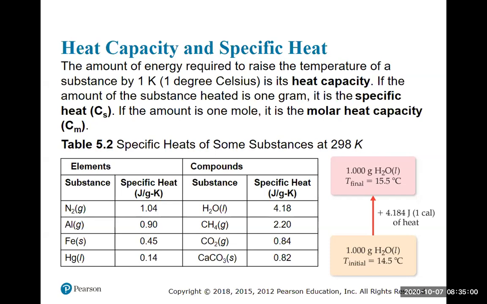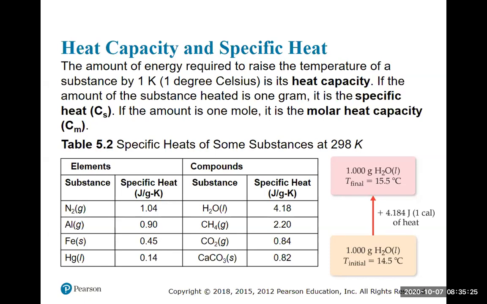Since we're talking about a difference in temperature, and Kelvin and Celsius are essentially the same 100-unit scale, 1 degree change of either of those will do. So sometimes you'll see these constants expressed with regards to Kelvin, sometimes Celsius, it's going to be the same thing. Fahrenheit would be a different story.